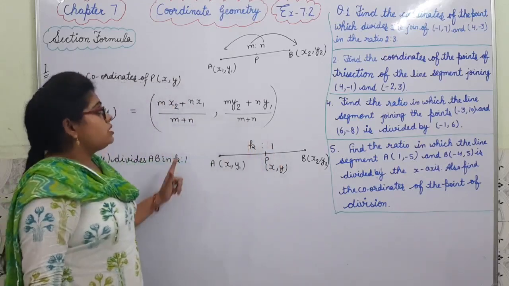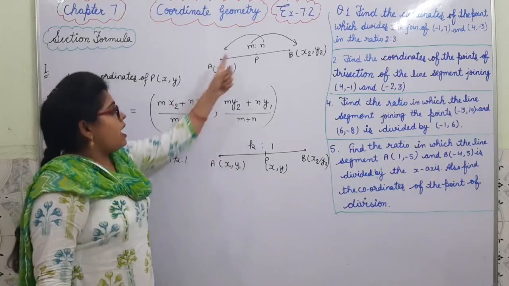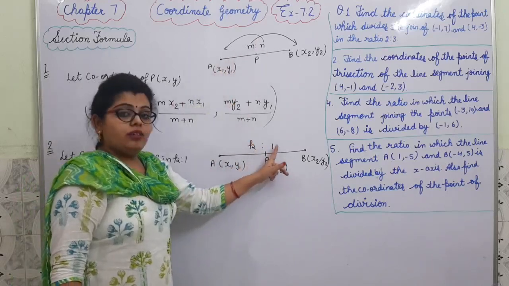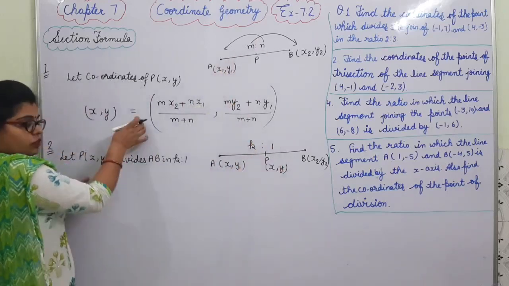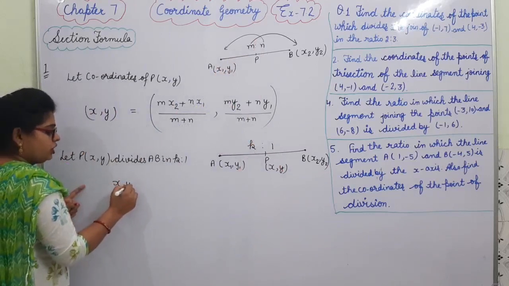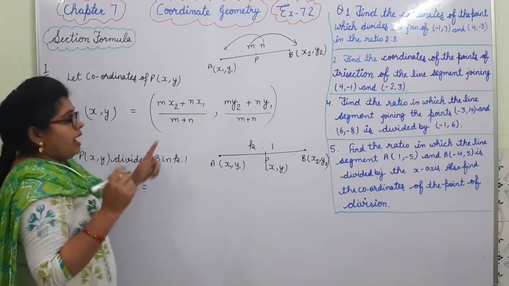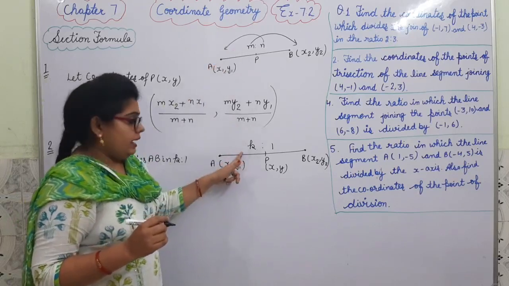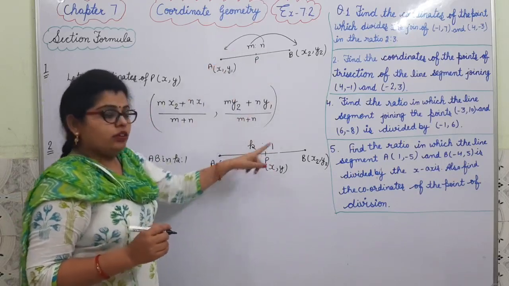Now dear students, we will replace this m:n by k:1. Then this section formula becomes: in the place of m we will write k and in the place of n we will write 1.